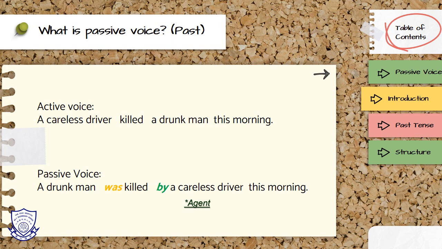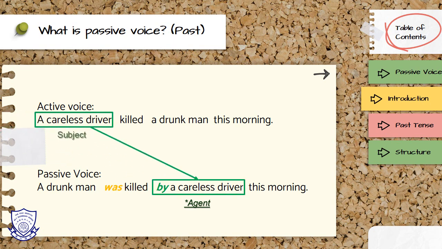On this slide, I'm going to analyze the sentence in the passive voice together with you. First of all is the subject, a careless driver. Once the sentence is rewritten in the passive voice, this noun phrase, a careless driver, transforms into the agent in the sentence in the passive voice.